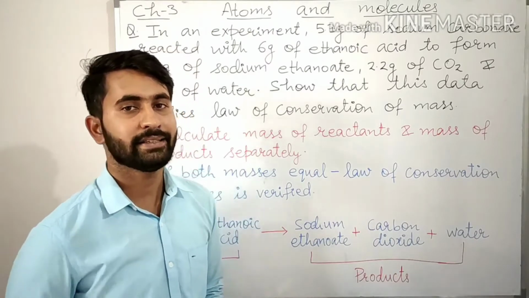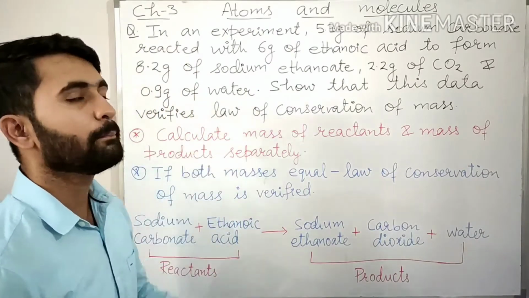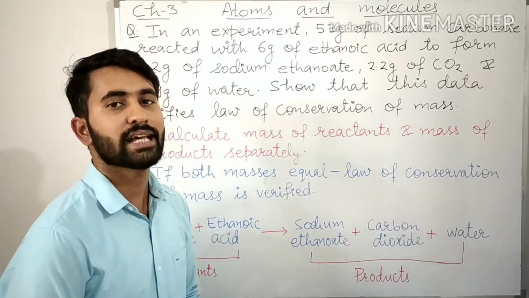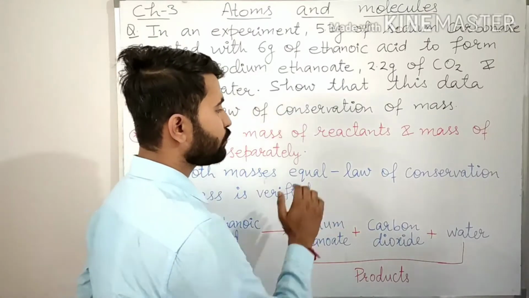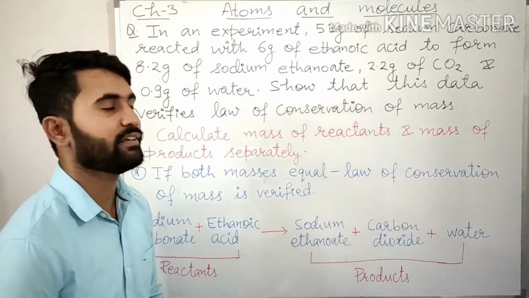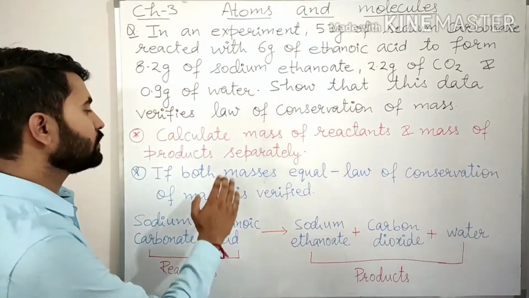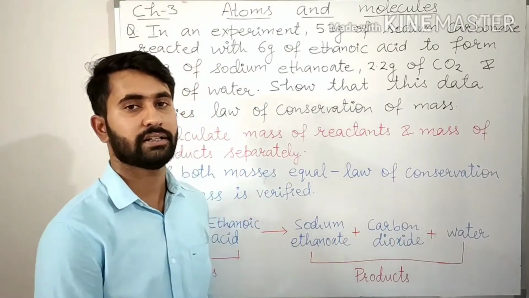Basically, in these types of questions, we have to calculate the mass of reactants and mass of products separately, and if both the masses are equal, the law of conservation of mass is verified. It means if the mass of reactants is equal to the mass of products, the law of conservation is verified.